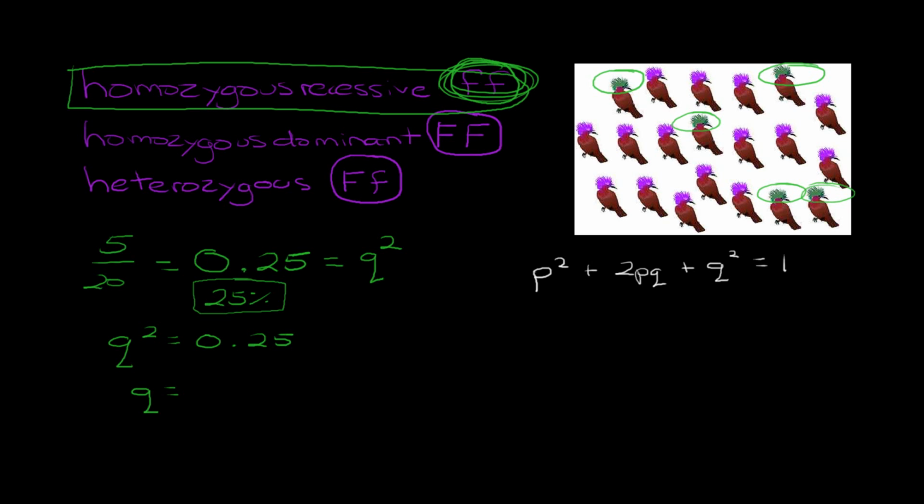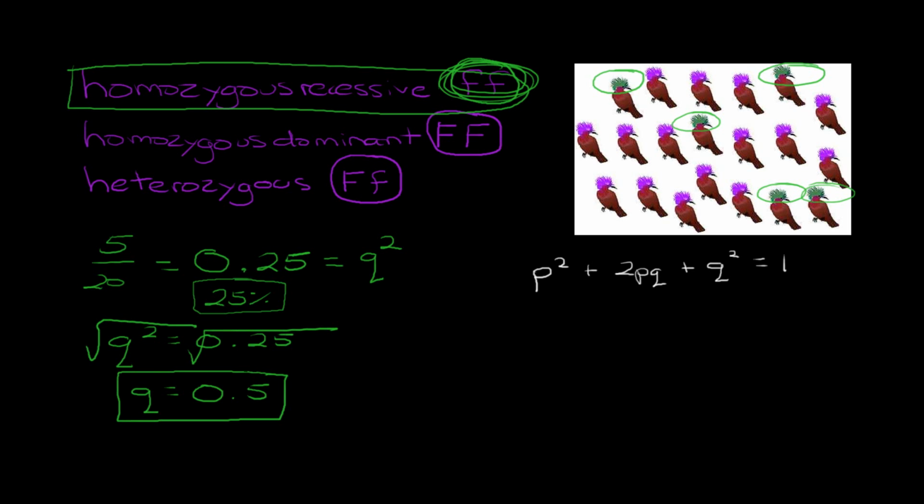So the square root of Q squared and the square root of 0.25, and I'm going to do that on my calculator because I don't want to mess it up. The square root of 0.25 is 0.5. So now I not only have Q squared, which is 0.25, I now know Q, which is 0.5.